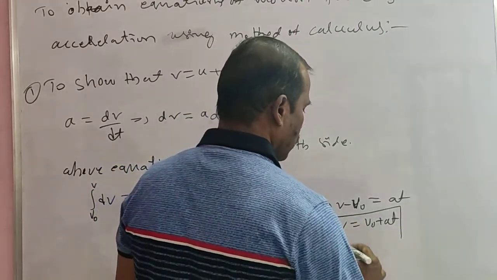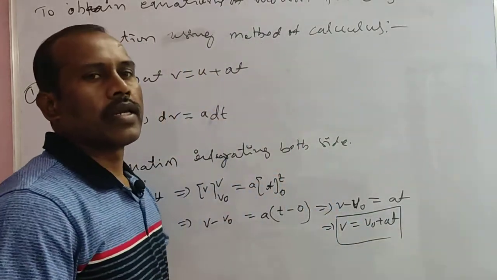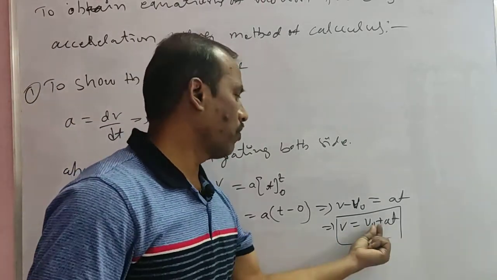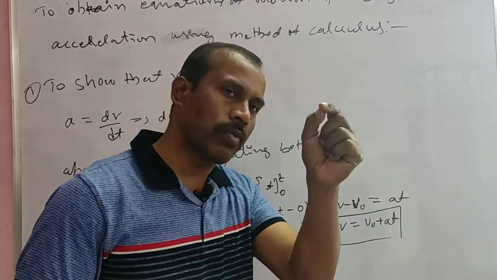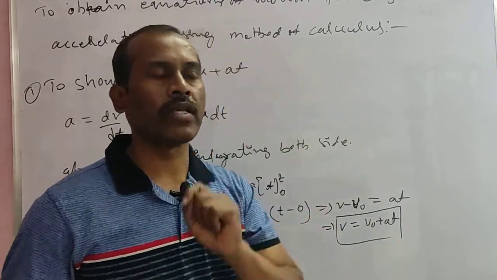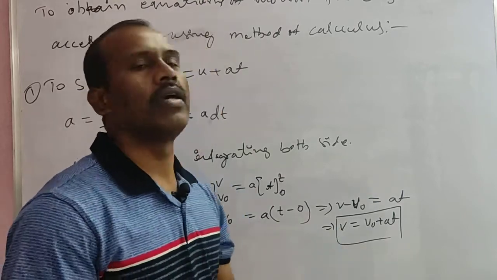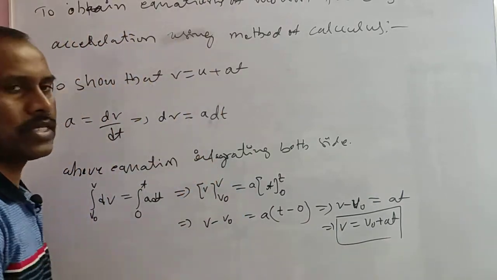This is the calculus integrating method. Here v naught means initial velocity of the particle, a means uniform acceleration, t is time in seconds, and v is the final velocity. This is the first equation.